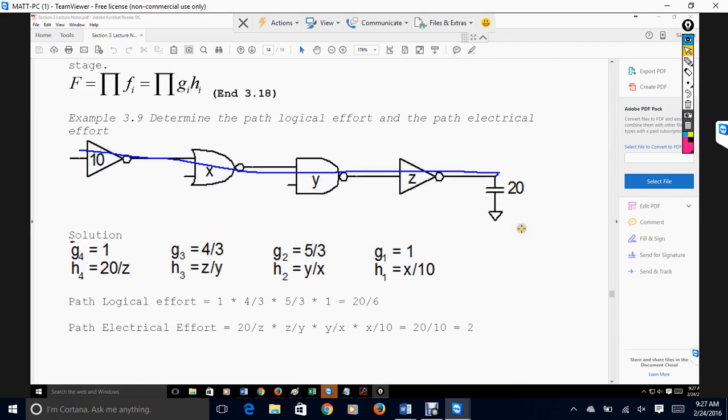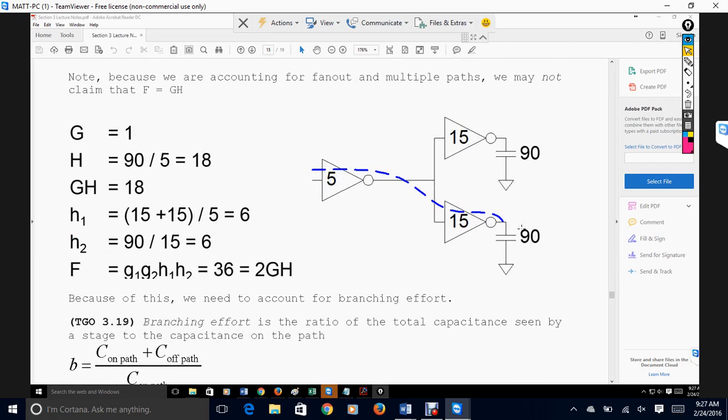All right, so we're accounting for fan out in multiple paths. I remember we had these problems where we created F equals not A plus B, and then we were driving a cell where one of them was driving the A input and the other one was driving the B input or C input. So you have to worry about these kinds of things. So here in this case, you have an output capacitance of 90, right? So this is 90/15, and this is 15/5.